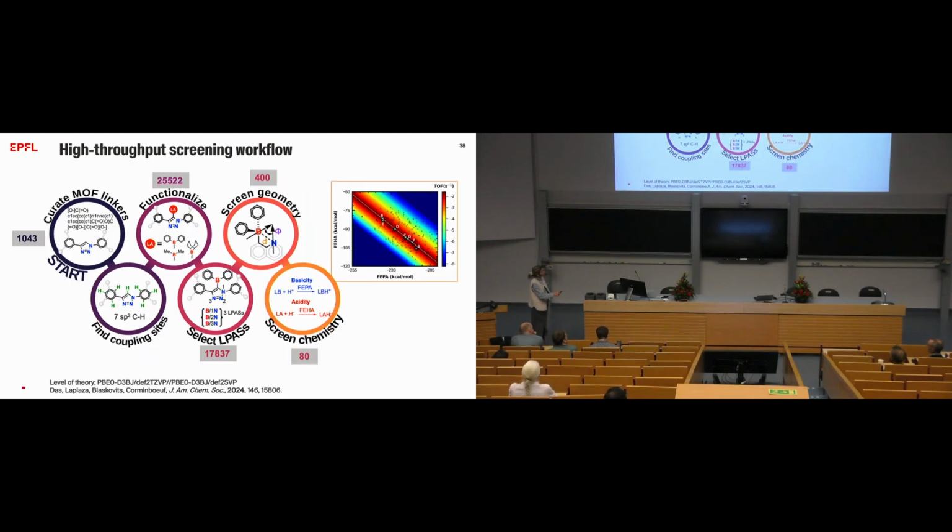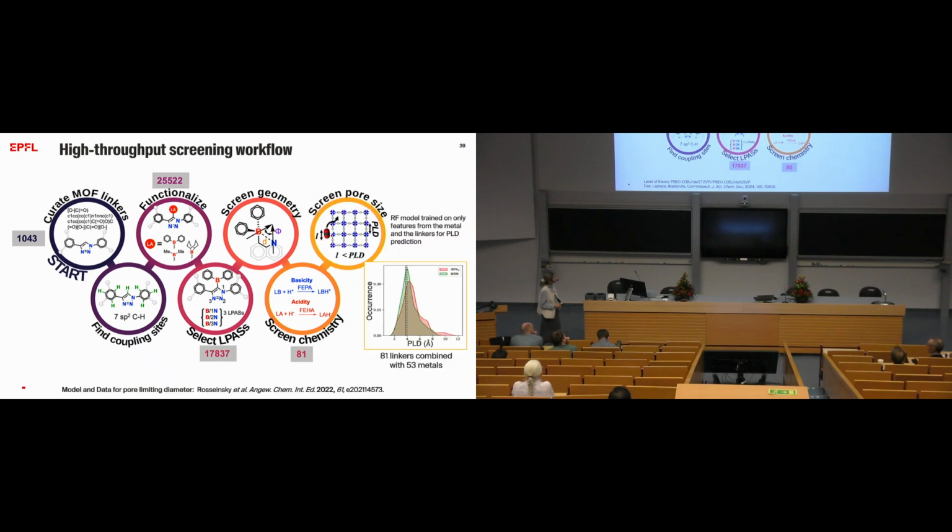Then we used the map for the chemistry that I showed you before, because we know that we need this cumulative strength of the acid and the base. That led us to only 80. Then we had to make sure that the space, measured through the pore limiting diameter, once we insert the acid, the diameter of the pore can still let CO2 enter in the MOF.